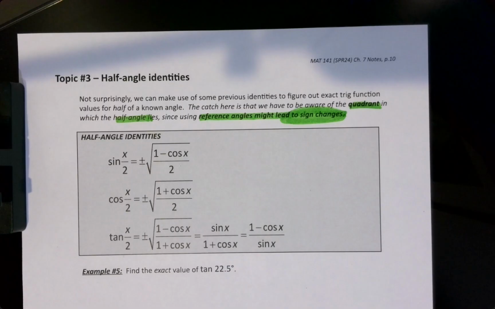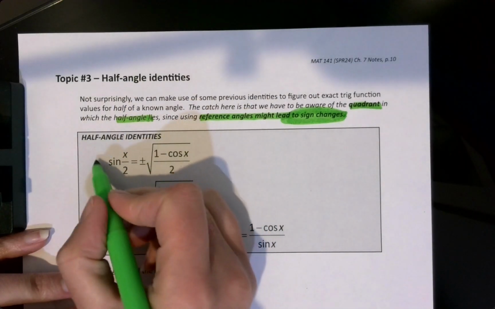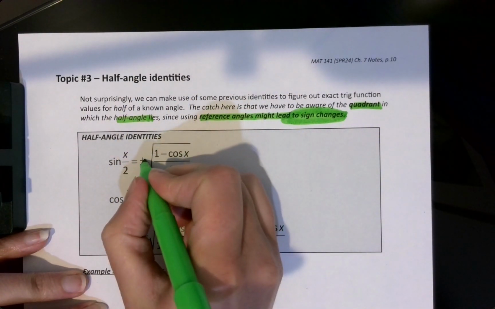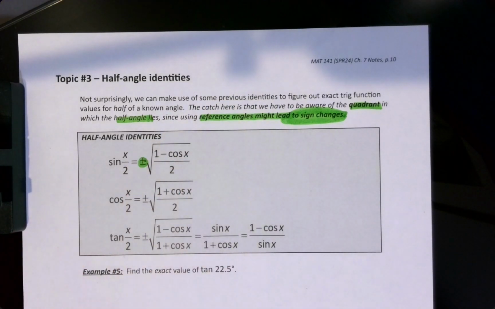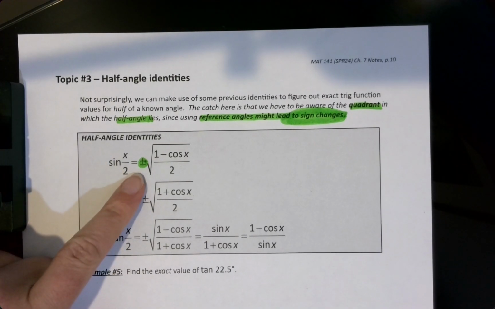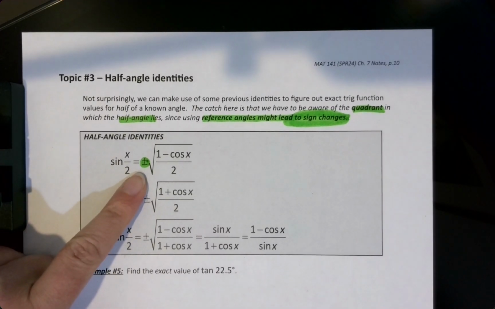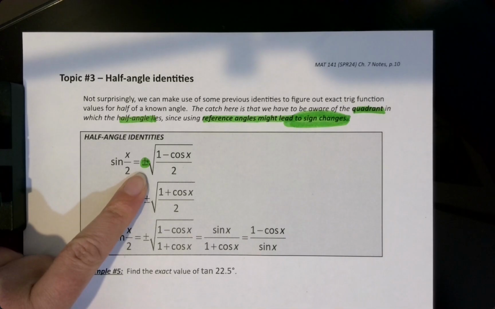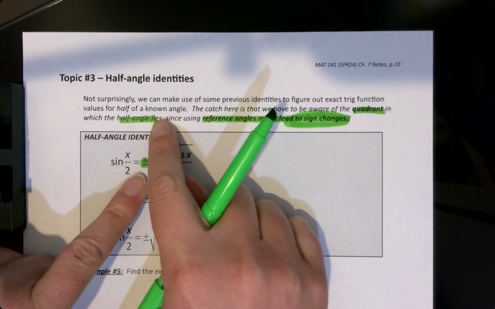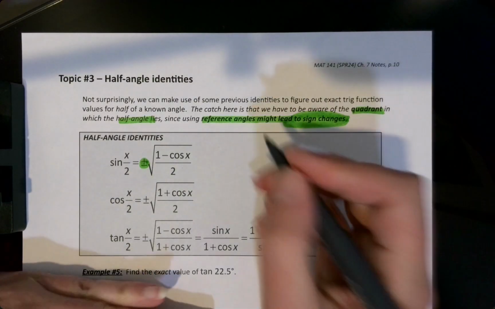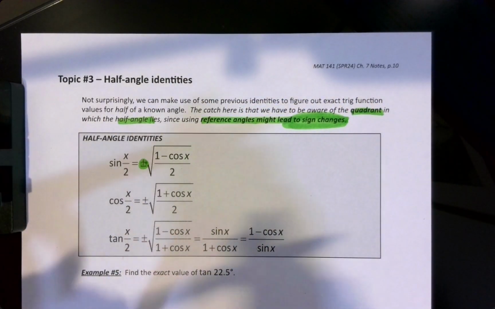So on this one, the sine of x over 2 is equal to positive or negative the square root of 1 minus cosine x over 2. That is not a both or an either. You need to figure out whether it's positive or negative based on which quadrant that half angle lies in. So it's not a choice. Same thing for all of these.